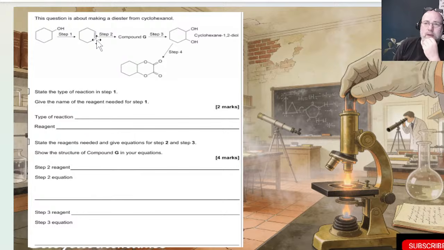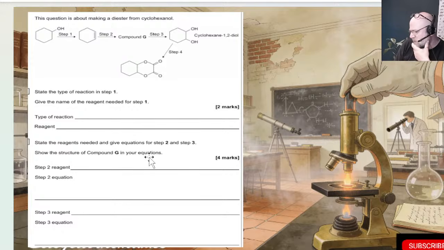Step one, we go to cyclohexene. So what do we need for step one to go from alcohol to alkene? Yes, it is elimination. So what do we need to eliminate alcohol down to alkene? We need concentrated sulfuric acid. Elimination, and I think you're going to have to be specific.